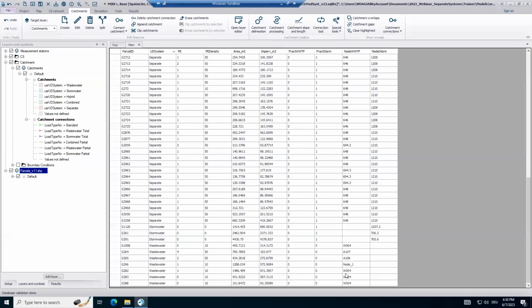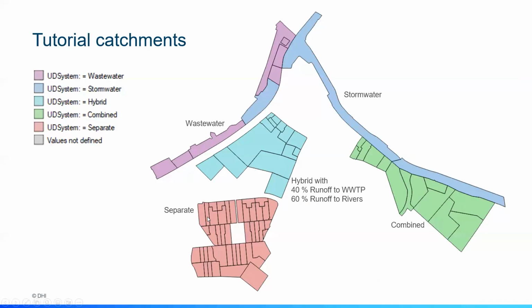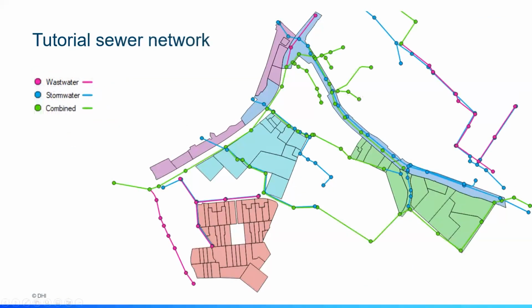Those are the wastewater nodes. And again, those two fractions are about stormwater, no fractions about wastewater because they accept all the wastewater. In the slides I've also added this, just a representation of what I've just shown you.